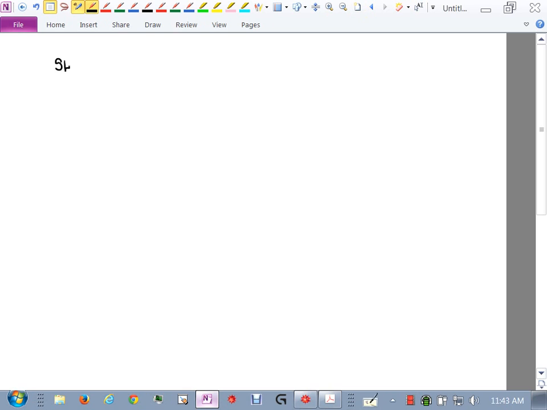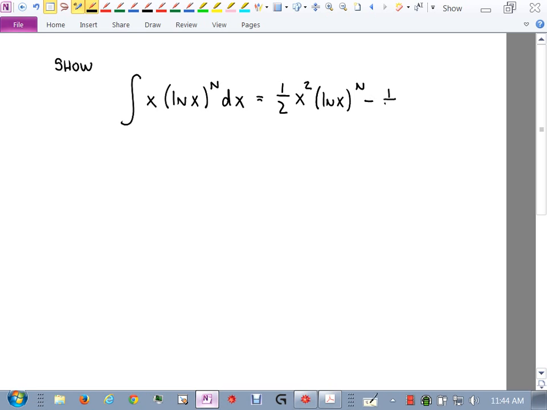I want us to show right now that the integral of x natural log x to the n dx is equal to 1/2 x squared natural log x to the n minus 1/2 n integral x natural log x to the n minus 1 dx.